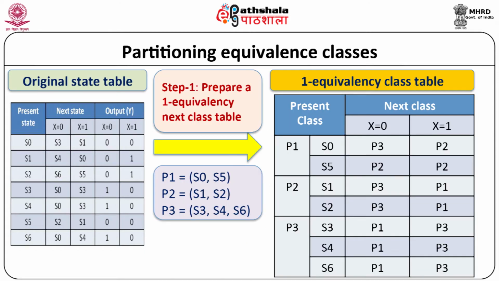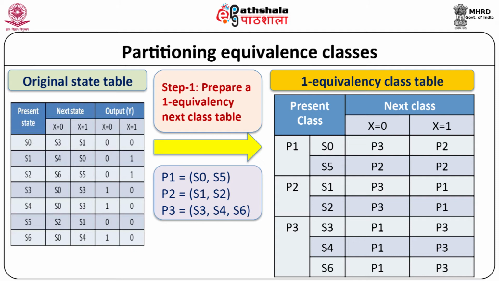One equivalency next class table is constructed from the original state table. In the present class column, the 3 possible partitions P1, P2 and P3 are written along with the states grouped under them. The next class column with x = 0 and x = 1 can be obtained for all states in the present class. This is done by referring to the partition class in which the next state was located.